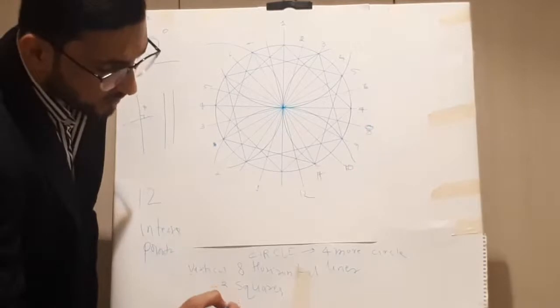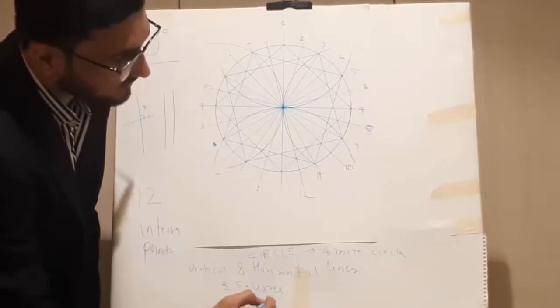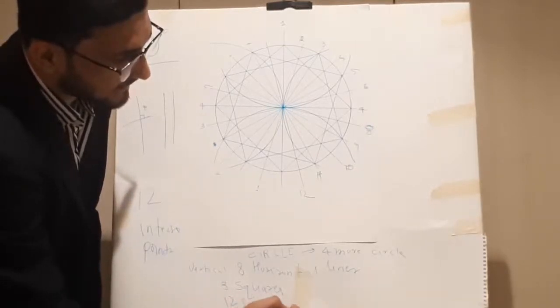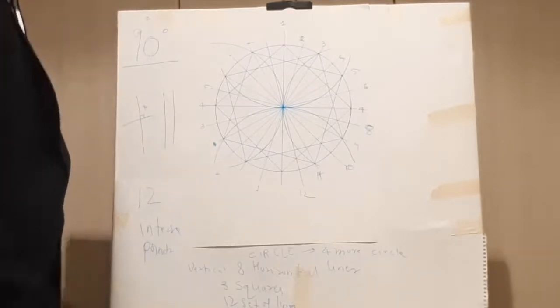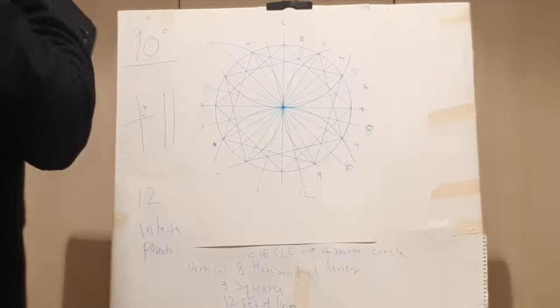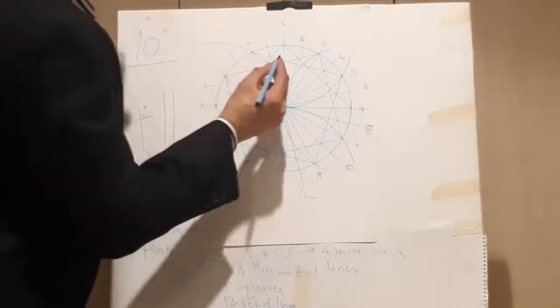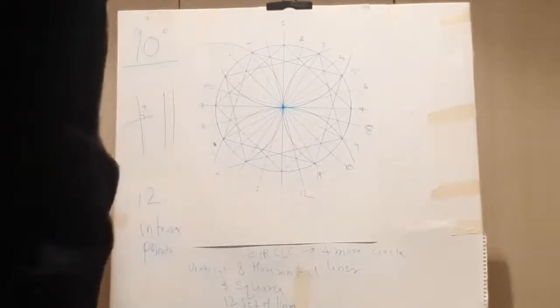Upon that we have drawn 12 set of lines. So moving on, what we have to do is I will draw another circle.